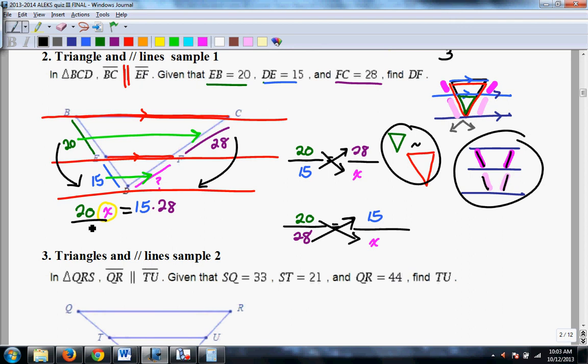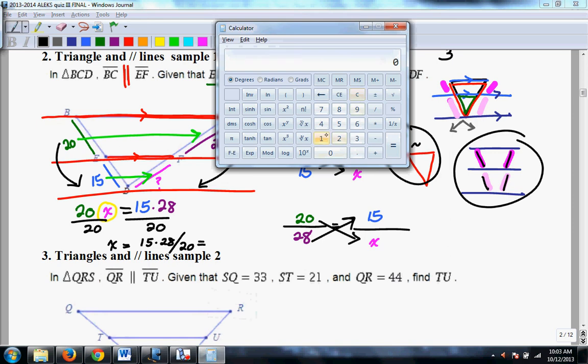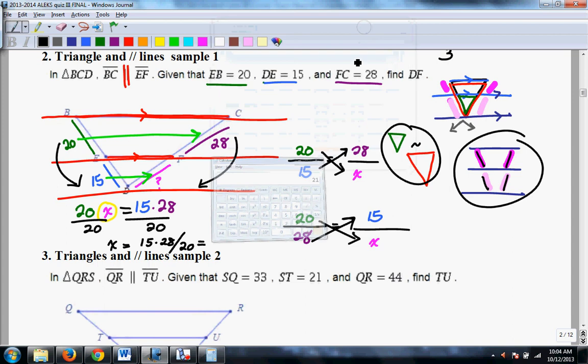So we're going to divide both sides by 20. And we end up with x equaling 15 times 28 divided by 20. Now you pick up your calculator. 15 times 28 divided by 20. And we get 21.